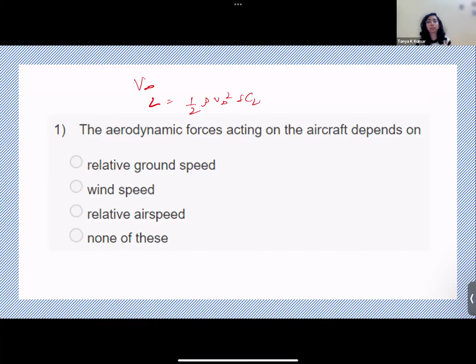Can you give me some example where the object is stationary and here the object is moving in the air? So you can give me some examples where the object is stationary and then it meets an oncoming flow. Wind tunnel, perfect. Yes, wind tunnel. So that's how we do our measurements in the wind tunnel.